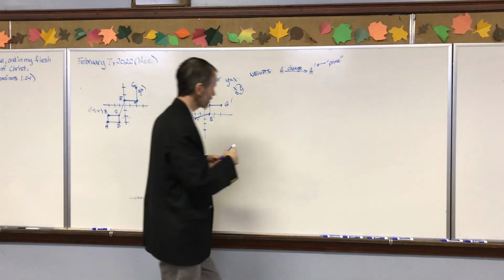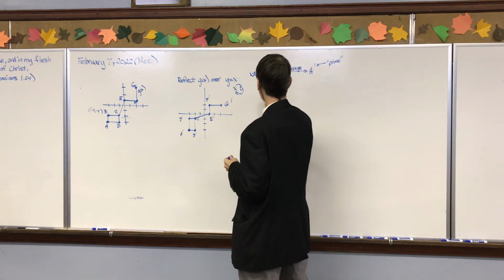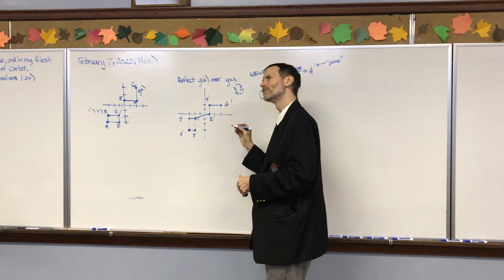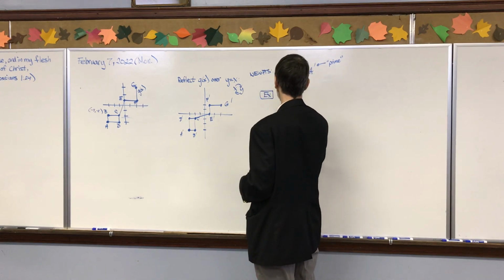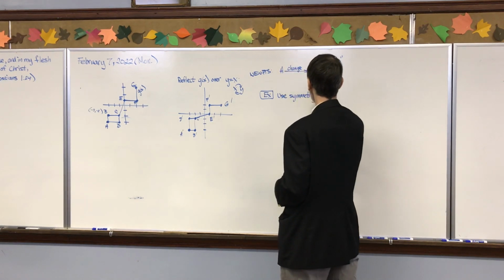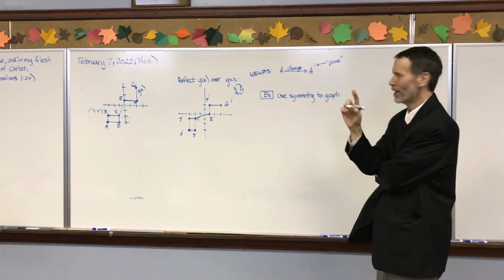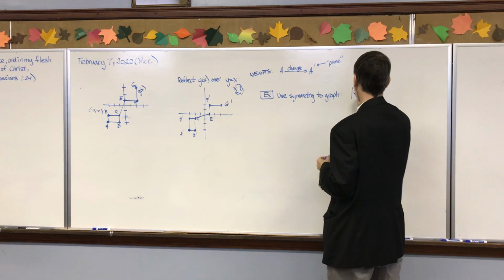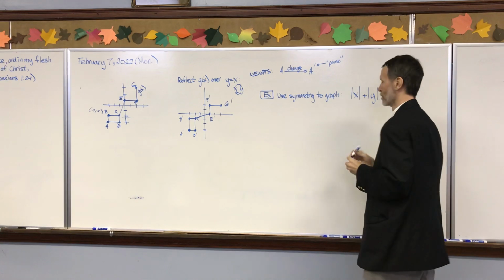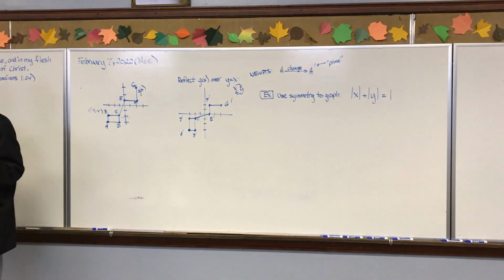All righty. I was doing this before. Quick example. Use symmetry to graph. And this is a very weird formula: absolute value of x plus absolute value of y is equal to 1.